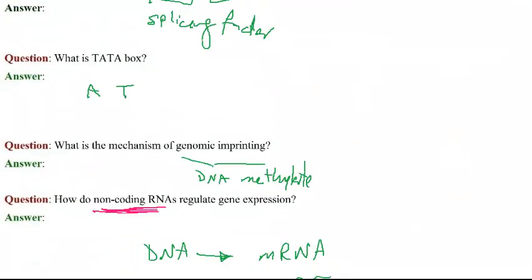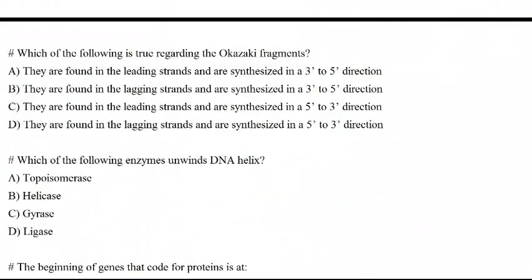They are on the lagging strand. So both choice B and D so far are correct, and for the synthesis, it doesn't matter what strand we're talking about, synthesis of RNA and DNA is always in the 5' to 3' direction. So therefore, they're synthesized in a 5' to 3' direction.